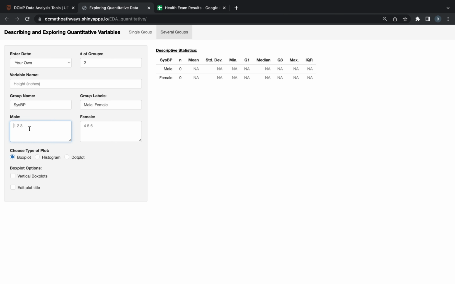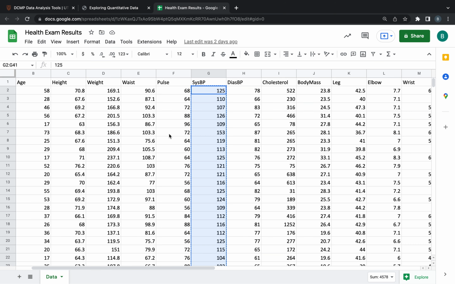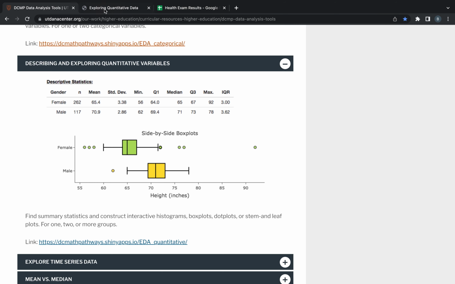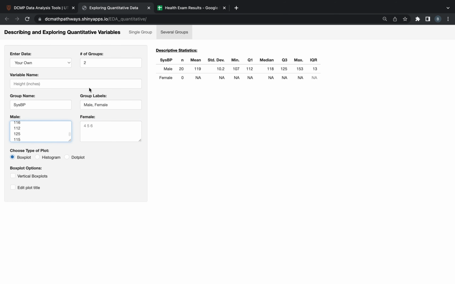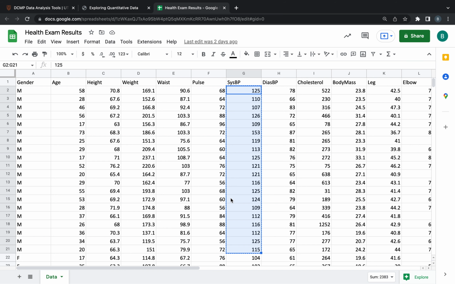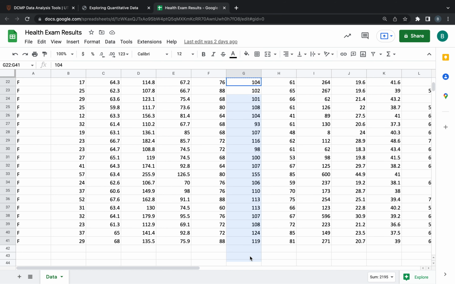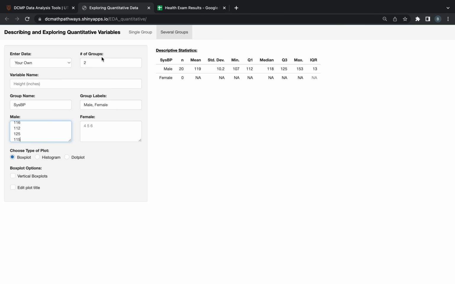We're just going to copy in the male data here and the female data here. If we go back, we want to see which ones are the males. We'll drag down and copy all of the male data and put that into our male box. Then we'll go down, copy and paste the female data, and put that into the female box.